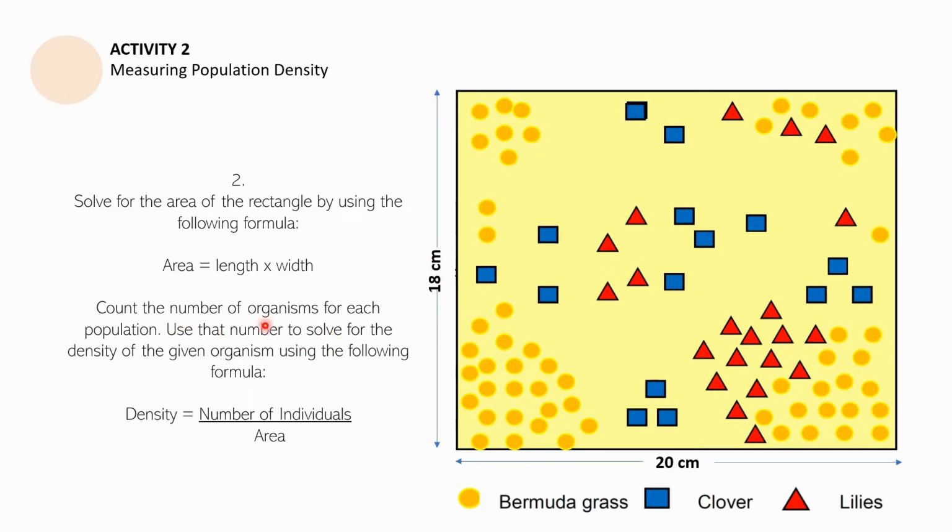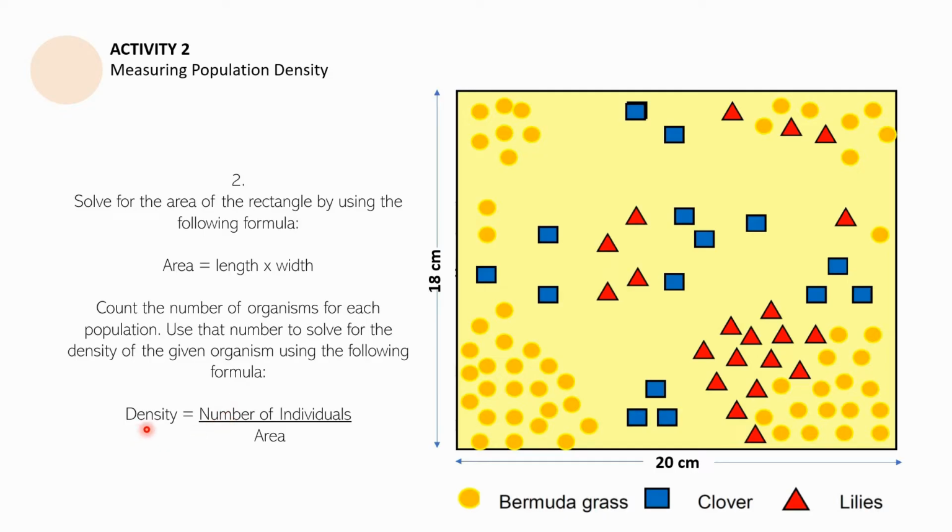And then count the number of organisms for each population. So you have here the population of Bermuda grass. An organism is represented by one mustard oval. So this is one Bermuda grass, this is one Bermuda grass. So count them. Now, use that number to solve for the density of the given organism using the following formula.